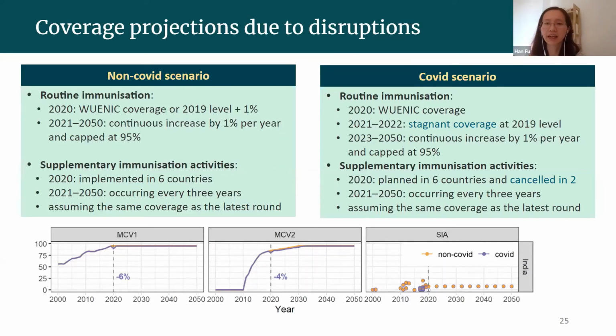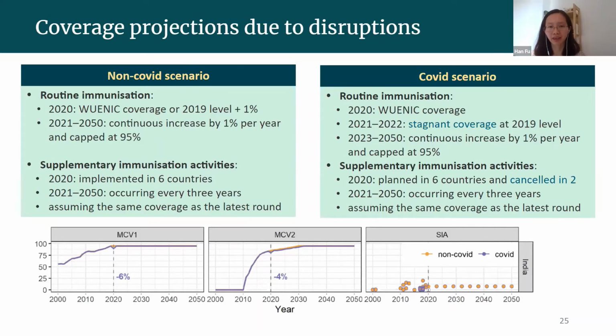In the COVID scenario, we took the 2020 unique coverage, which shows the various disruptions we will mention later. From 2021 to 2022, we assume the coverage of routine immunization came back to the level of 2019.